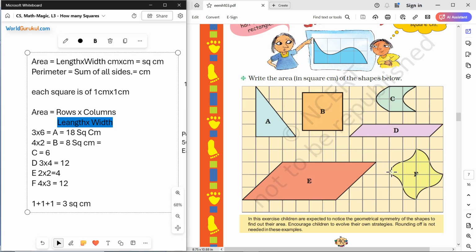You see, this curve is dividing this square and this square. Whereas if you see this yellow portion in this square, if you fit it here in this block, it will fill it. So this is going to be 1 square. So like this, you can approximate, you can calculate and count the area.